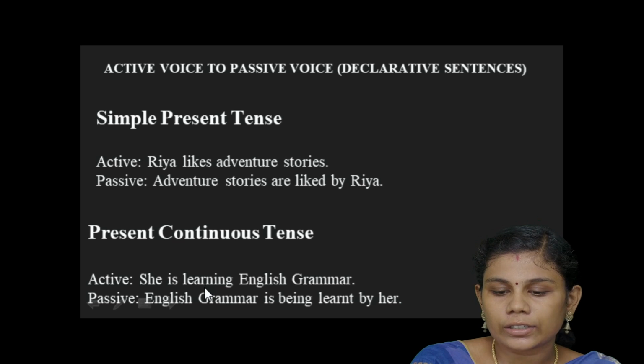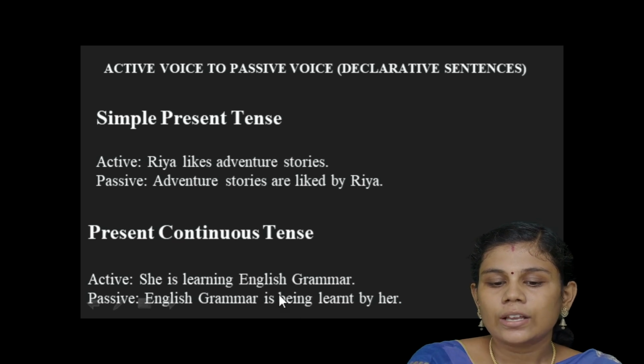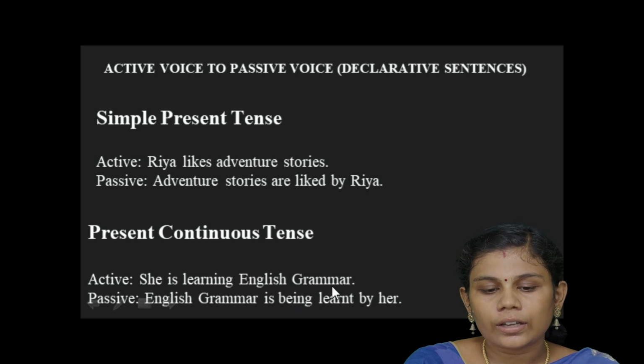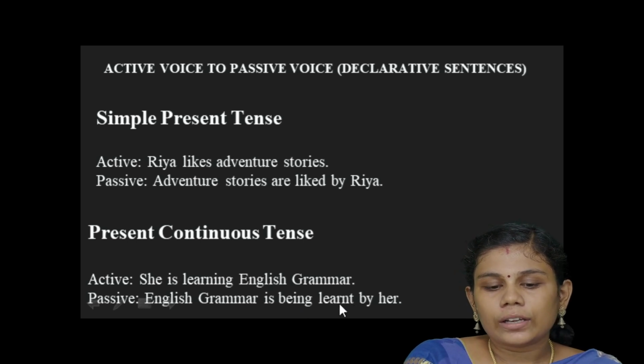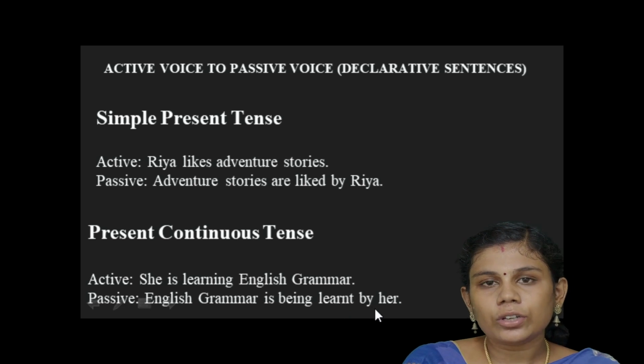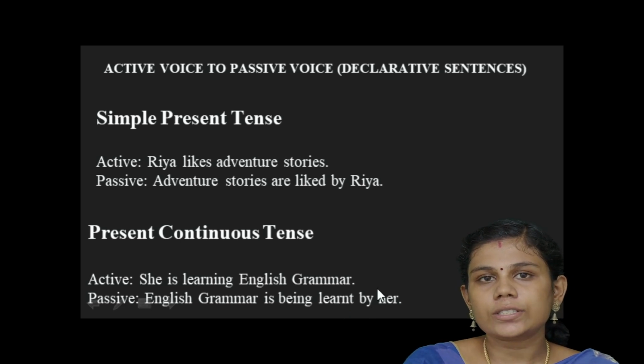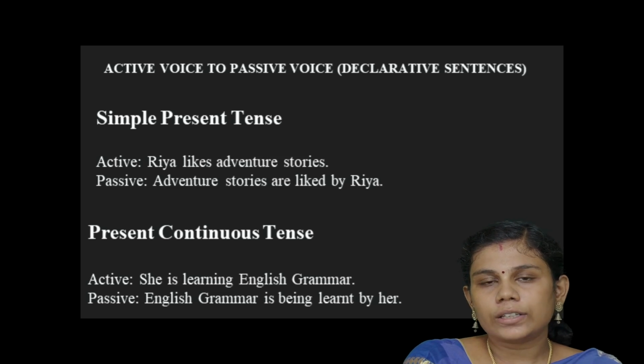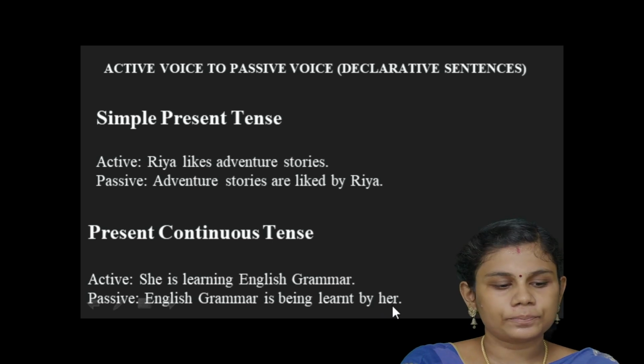This should be changed into is being, because continuous tense should have being. When we change that into passive voice, we have to use is being learned by her. By we have to add. So she should change into her, because when we change it into passive voice, it takes the place of the object. So it should be changed into her.